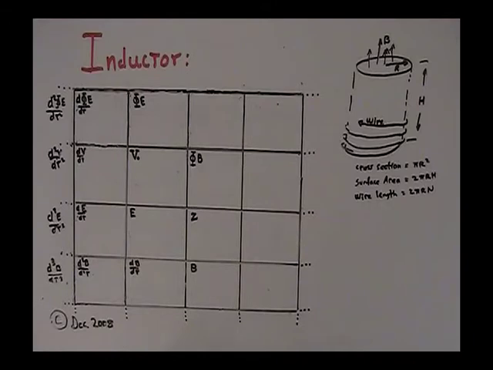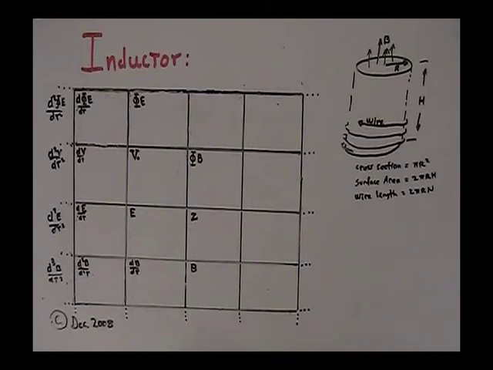Okay. Now we know that V equals d flux B dt. So we can simply say that it's 2 pi r n squared over 4 pi h dI naught dt, because the only thing that changes with time is the current.